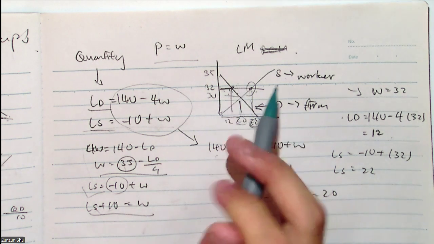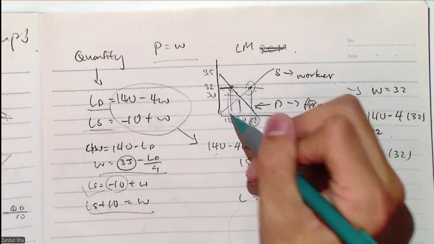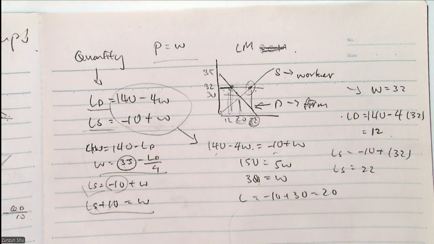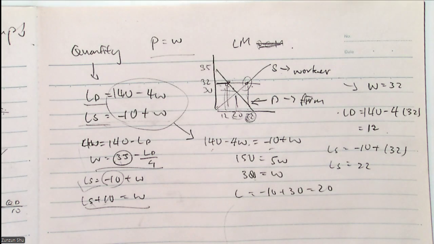But for the firm, with a higher minimum wage, they're not going to be able to hire that many. Both from a technical perspective, because they don't have that much money to hire people, and because they just don't think 32 is a good deal for blue collar work or something.